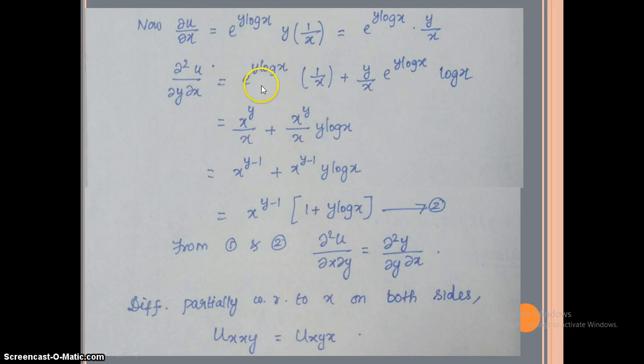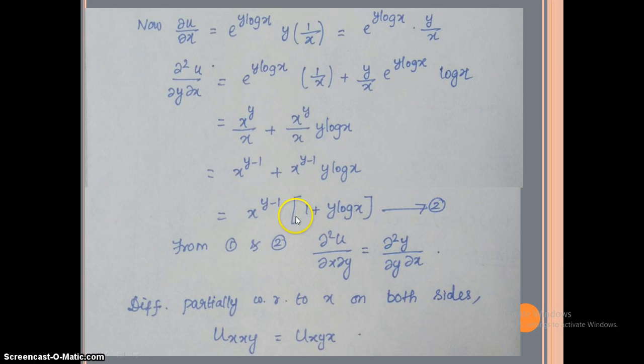Therefore here, cancelling log and e, then x power y, so x power y divided by x, plus here cancelling e and log, so this one is x power y, so x power y divided by x into y log x. That implies take the reciprocal, so x power y minus 1 plus again take the reciprocal, x power y minus 1 y log x. Here we can take x power y minus 1 out, therefore remaining term is 1 plus y log x. So this is equation number 2.